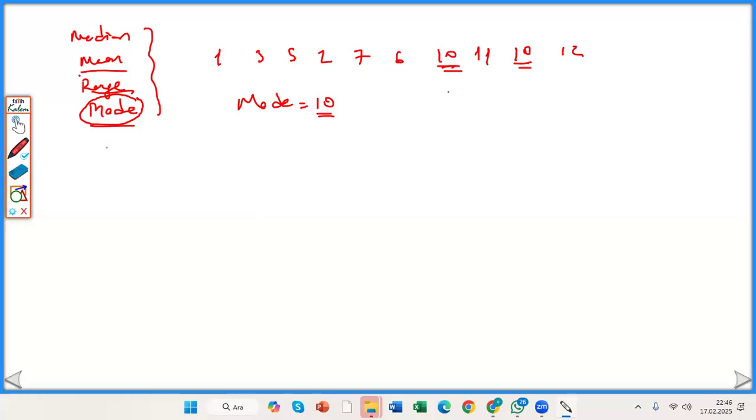But please be careful. The other data set had seven numbers, seven data. But right now it has 10 data. That's why to find the median for that new data set, you're going to use the same formula.